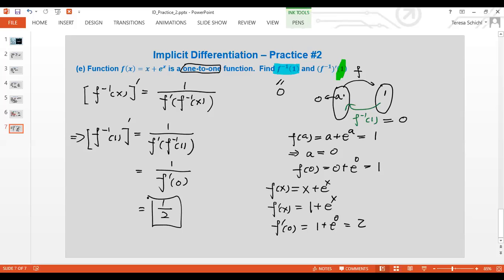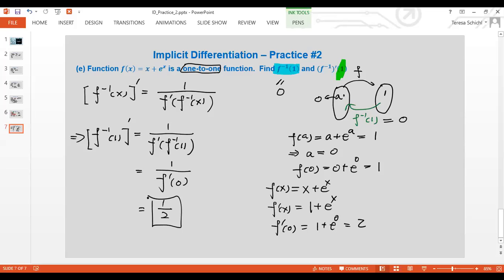And that's it. For these two practice sets, we basically covered all the possible scenarios about implicit differentiation. If you practice these two, I think you will have a very solid background in implicit differentiation.